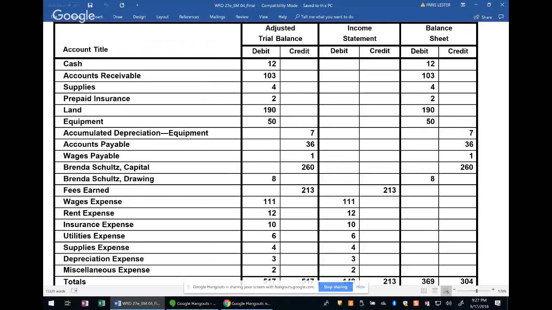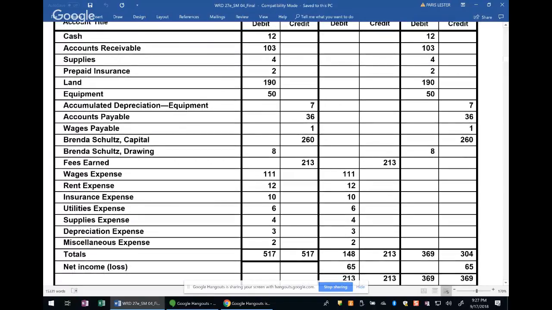Now, you want to make these balance. $65 added on to your expenses gives us a total of $213. What goes on the balance sheet? Assets, of course. Liabilities, capital. Now, here we're putting drawing here too.